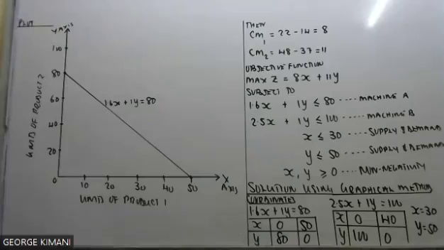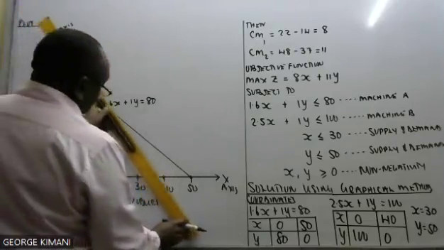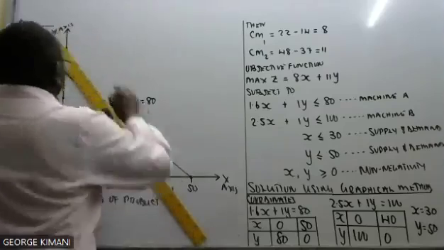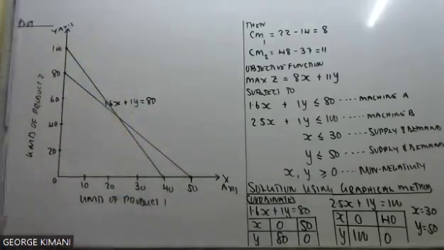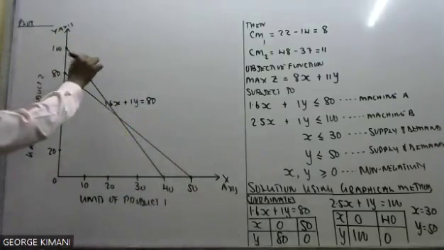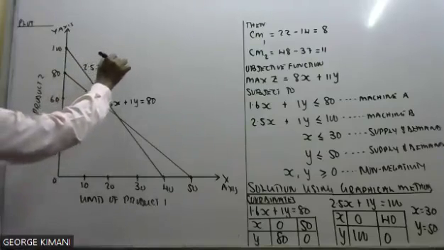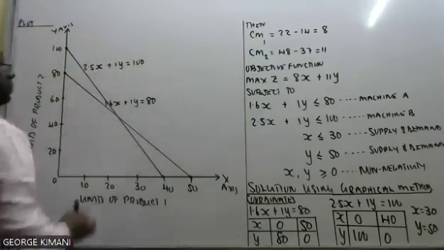Then when y is 100, x is 40. Again, you connect them with a very straight line, and you tell us this is 2.5x plus 1y is equal to 100.